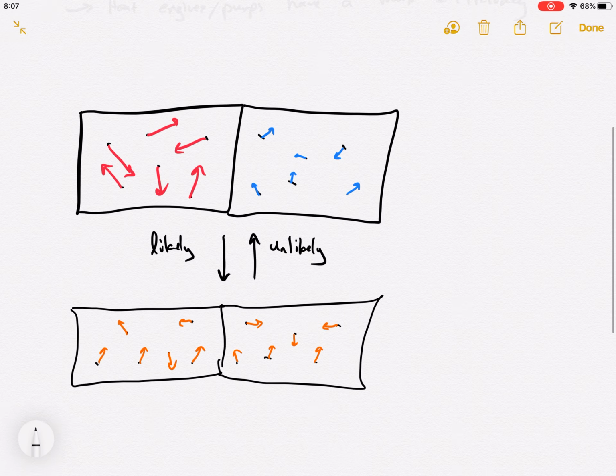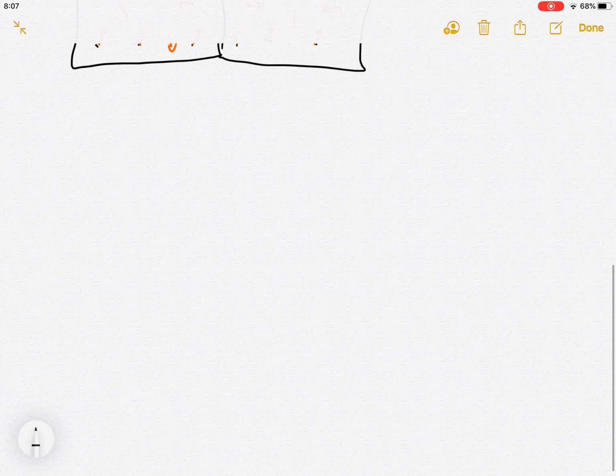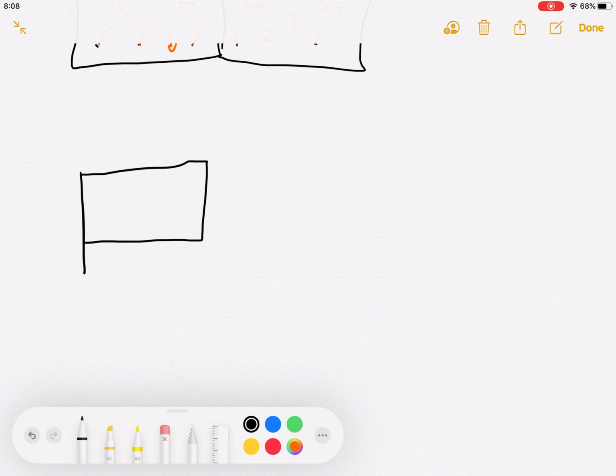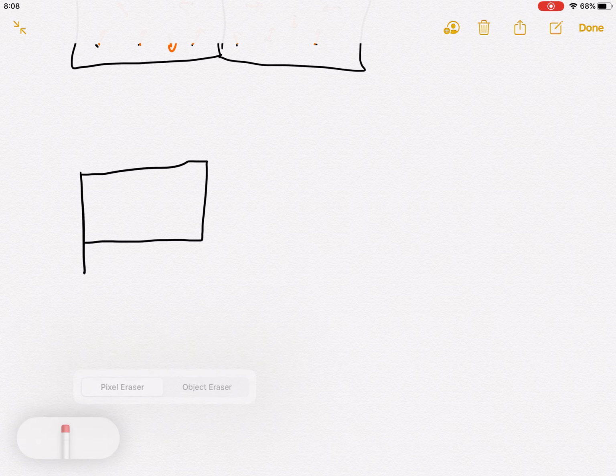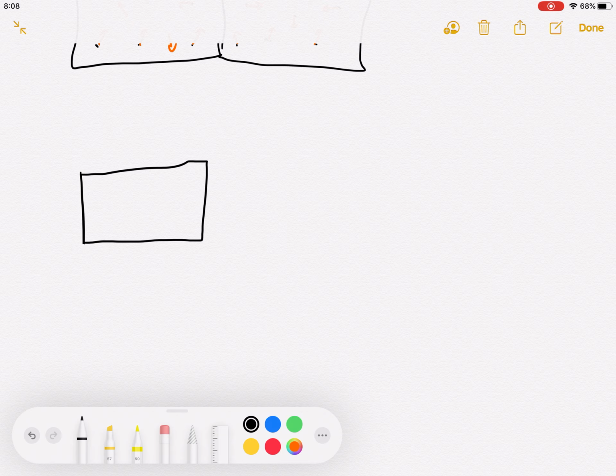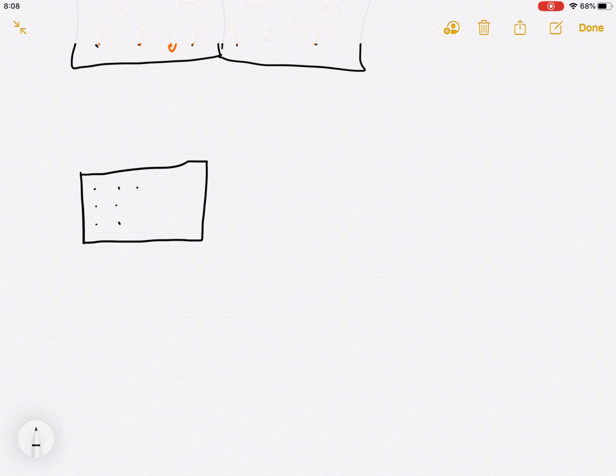So let's draw another system. Let's just draw a single system now. Here's our single system, but let's make this a very specific system where the molecules are very ordered. Let's say this is a box of gas where I put all of the nitrogen molecules in specific spots, right?